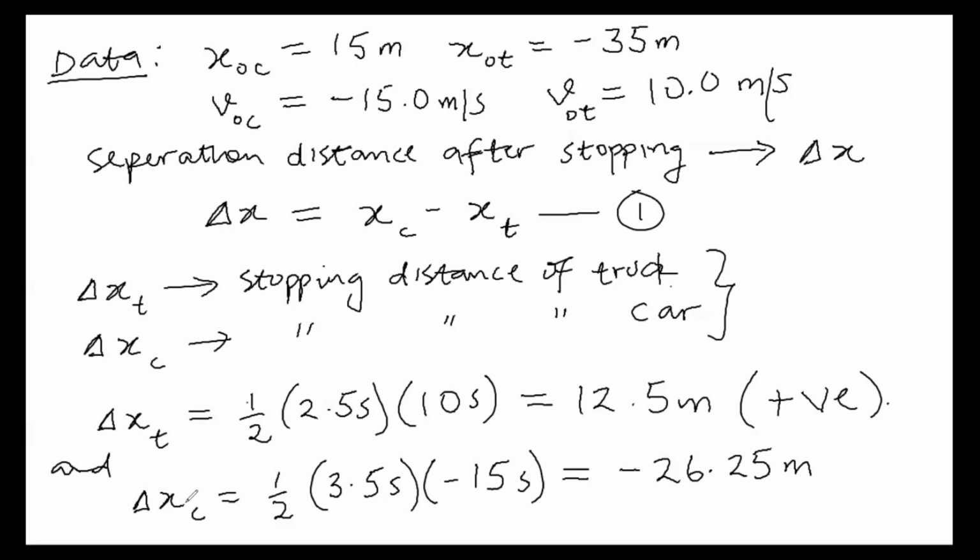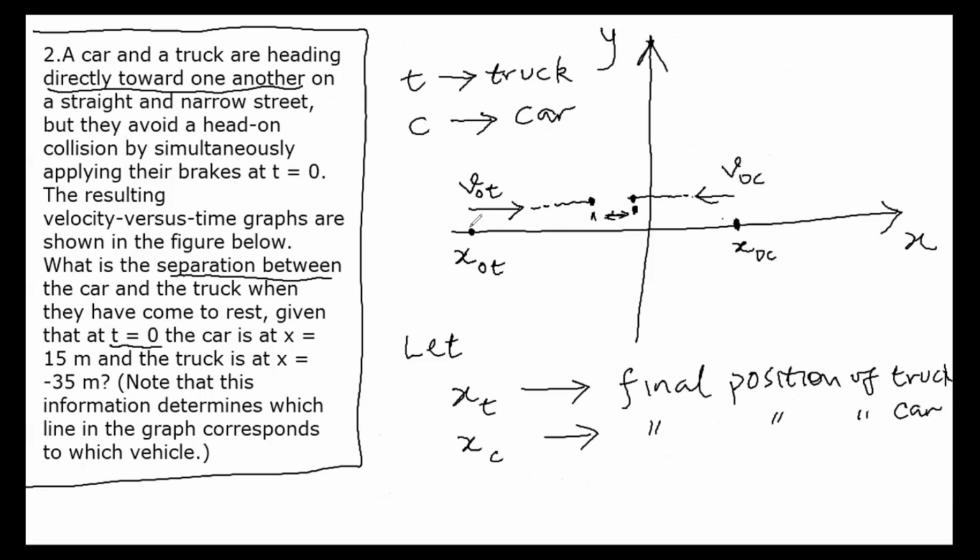All right, so now if we do this, then we can be able to find the final position of the truck. The 12.5 that we have found is the distance that it has covered while stopping. So in short, we are saying that the truck is initially here, and then it starts applying the brakes. Then it covers a certain distance before it stops.